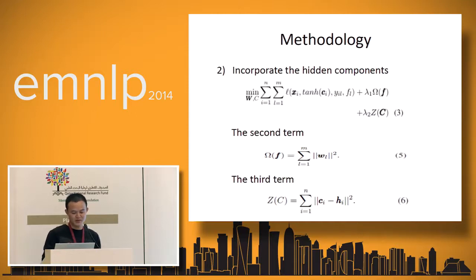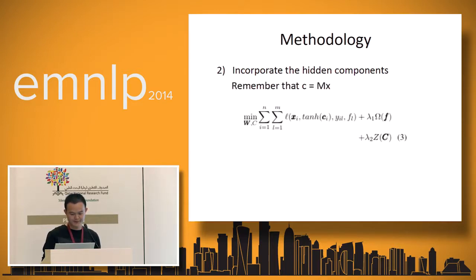By minimizing the third term, we can enforce the code close to the hidden components. Remember, the code is the linear transformation of the document X. So the final objective function is like this.